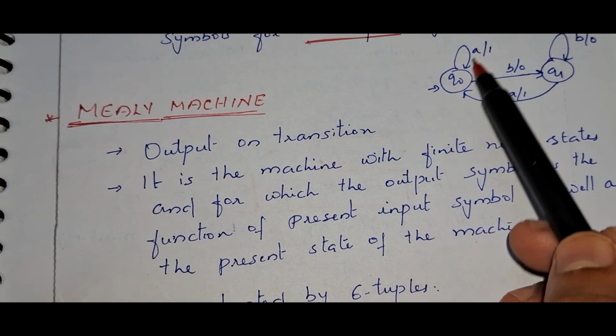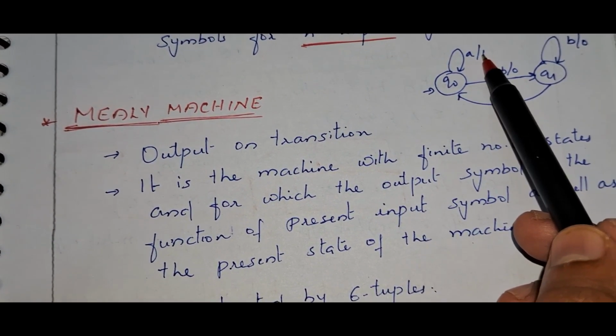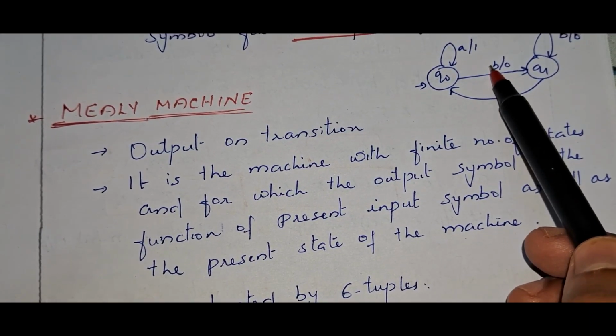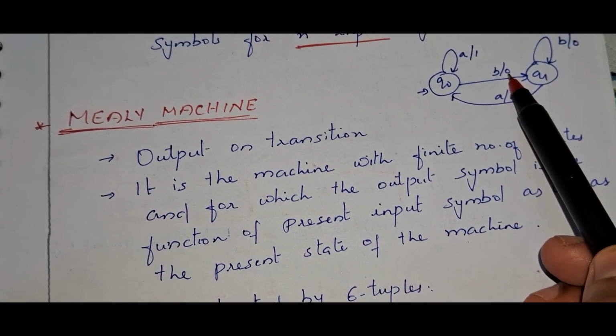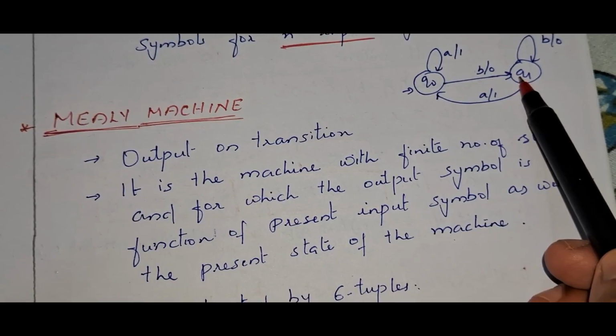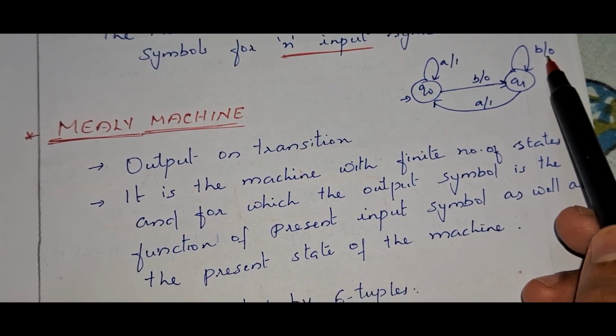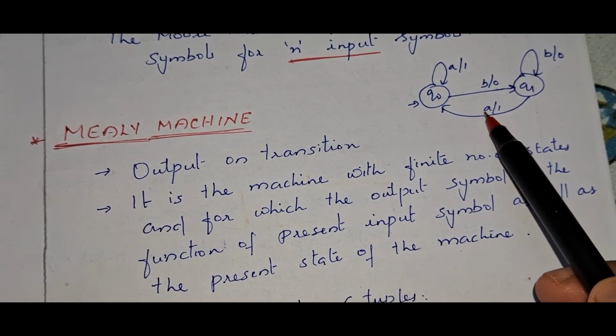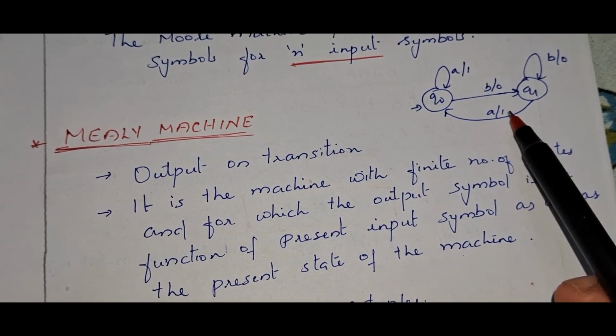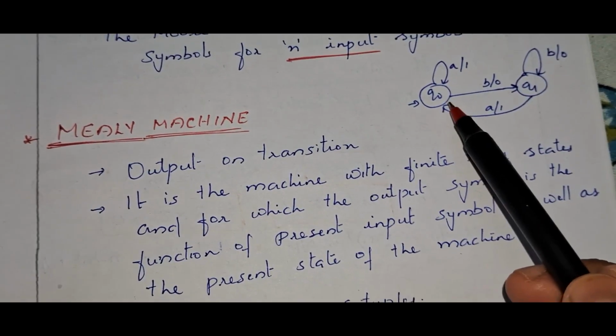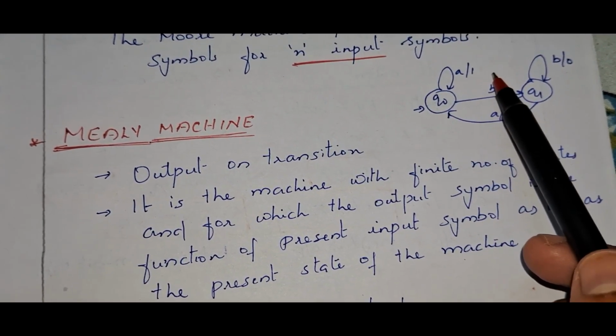Q0, while seeing the input symbol A, will produce the output 1. Q0, while seeing the input symbol B, produces output 0 and reaches state Q1. From Q1, if the input symbol is B, it will produce output 0. And from Q1, if the input symbol is A, it will produce output 1 and reach the state Q0. So the output is on the transition.